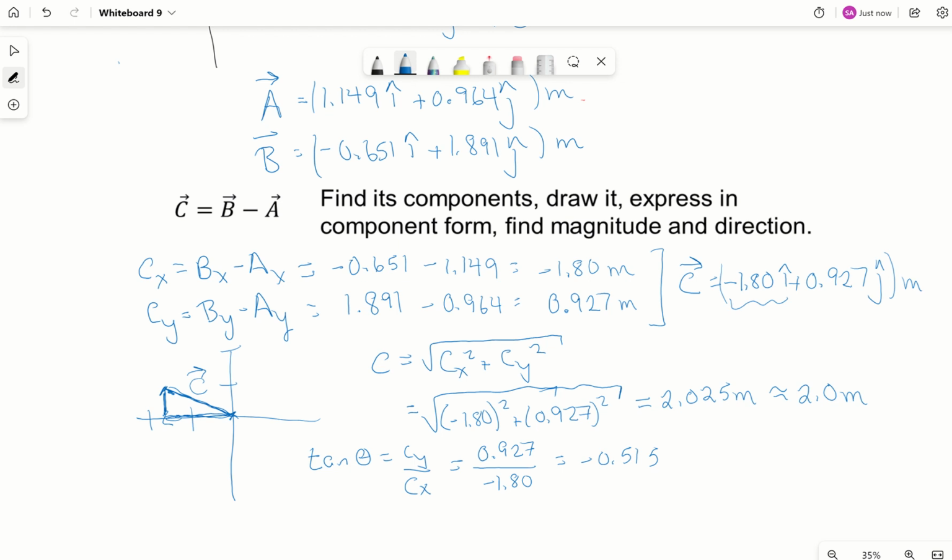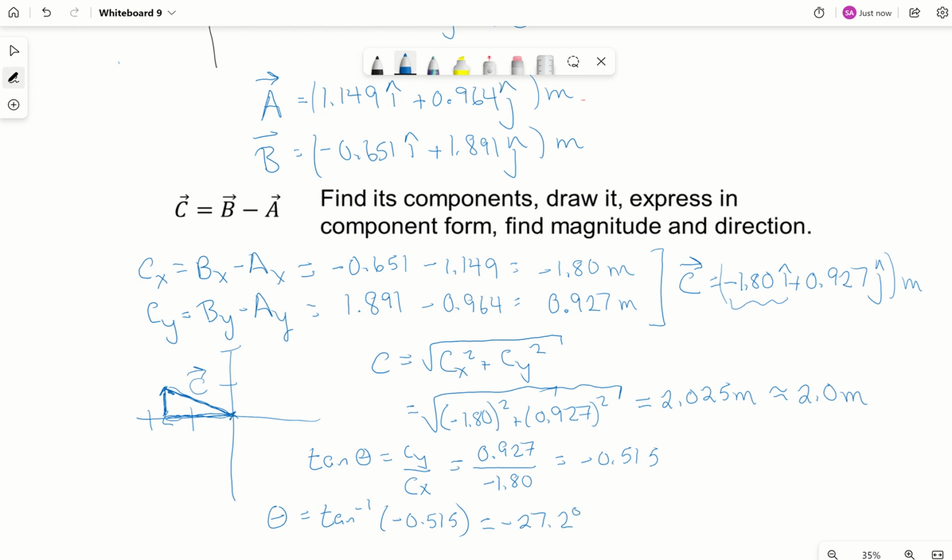It cancels out. So how do I get my angle? Well, I have to do the inverse tan. Right? So I'm going to do tan to the minus 1 of negative 0.515. Okay, so that's equal to theta. And if I put that in my calculator, it gives me an angle of negative 27.2 degrees.